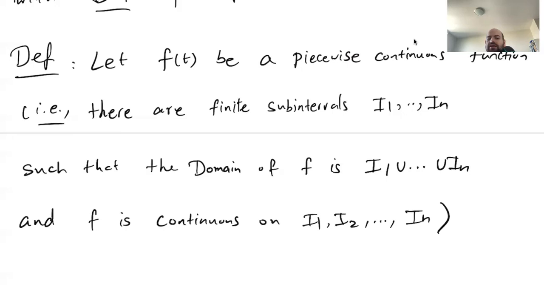So it's okay if f is discontinuous at the end points of those subintervals, or in other words, in the borders, it could be discontinuous, but inside each interval, f is continuous. Like I said, you could imagine a function with finitely many discontinuities, which can be considered a piecewise continuous function.